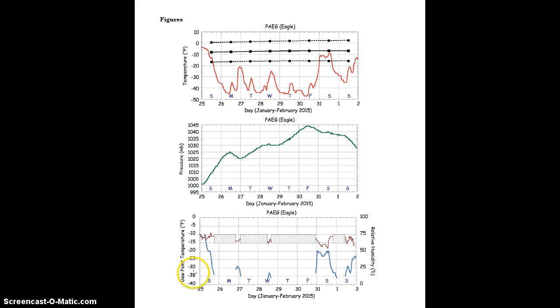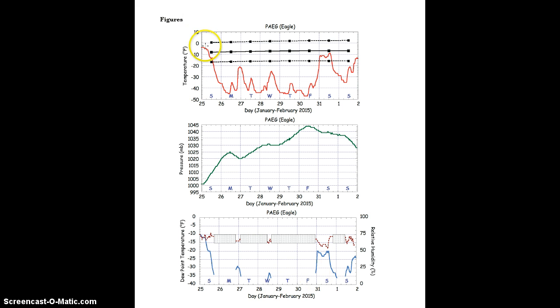I noticed that the dew point temperature had about the same curvature as the temperature, so I thought there was a relationship between the temperature and the dew point temperature.